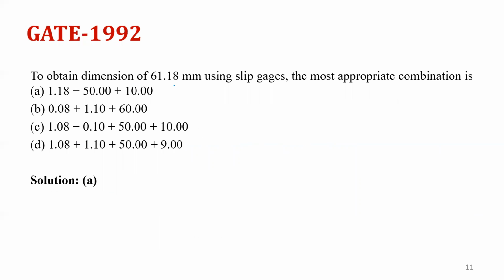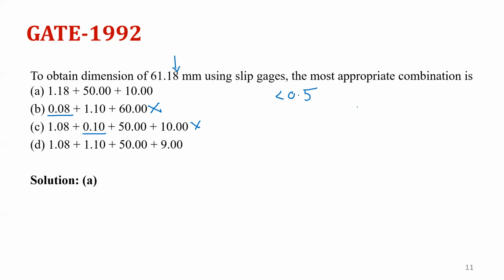To obtain dimension of 61.18 mm using slip gauges, the most appropriate combination is, as we already said, no slip gauge thickness is less than 0.5 mm. So this option is wrong because it is less than 0.5, and this option is also wrong. So we need to start with the last digit, 1.18.